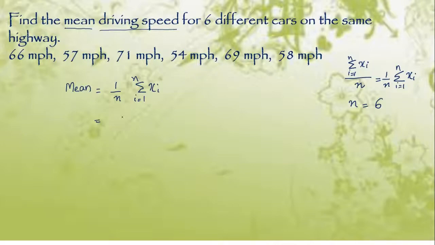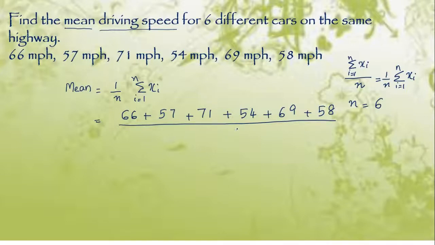It is equal to 66 plus 57 plus 71 plus 54 plus 69 plus 58, the whole divided by the number of observations 6. The sum is 375 by 6.